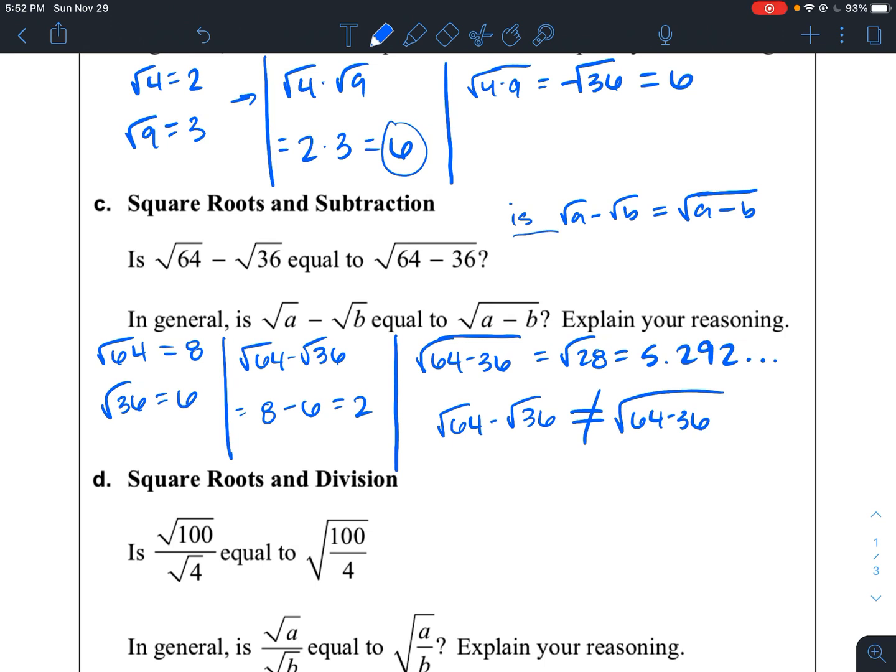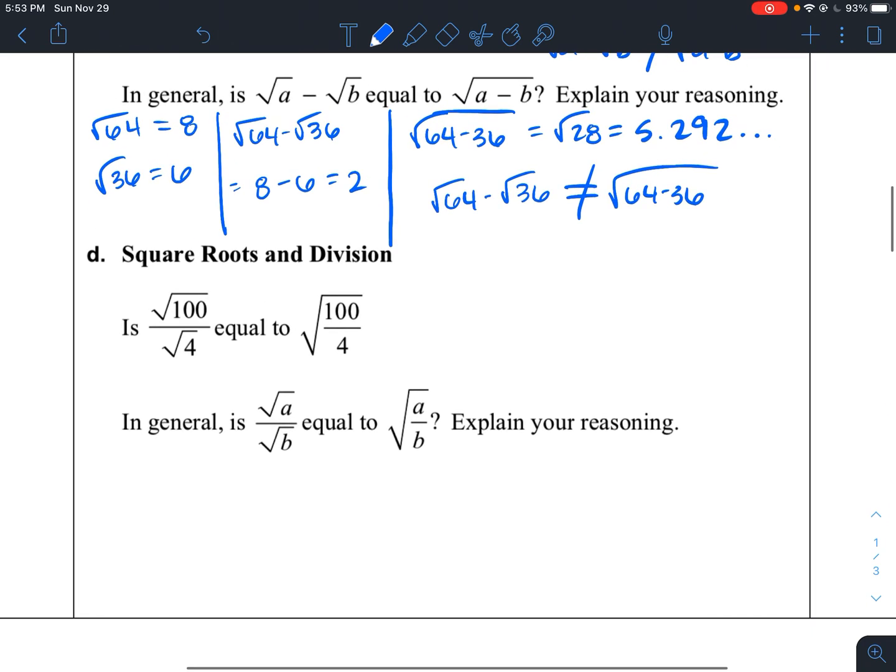Therefore, our statement up here is false. The square root of a minus the square root of b does not equal the square root of a minus b. And we know that's not true because we have an example to prove it.